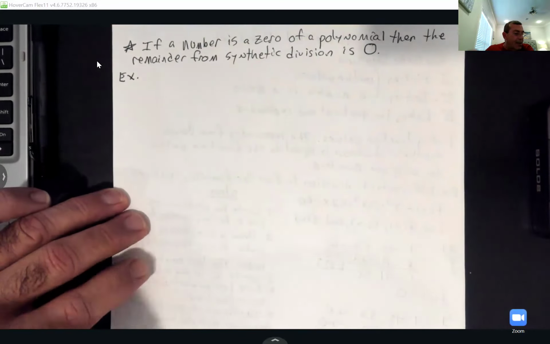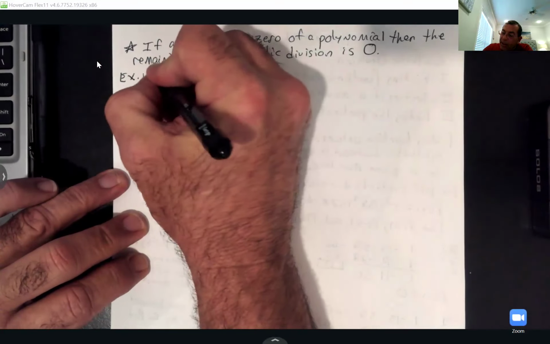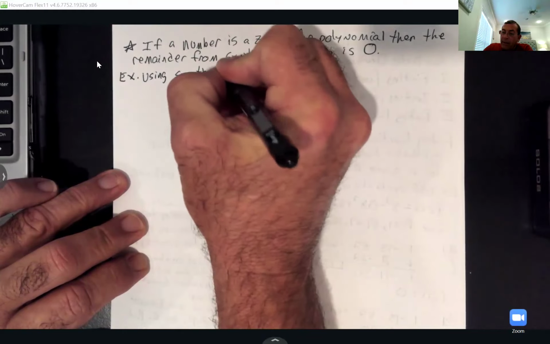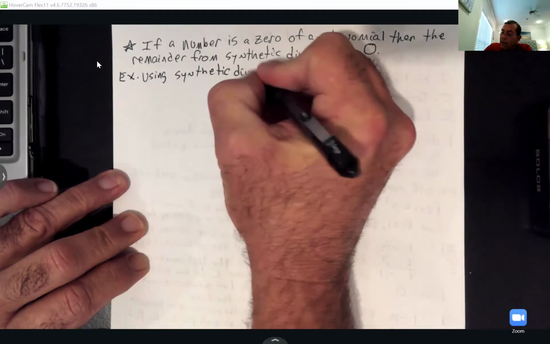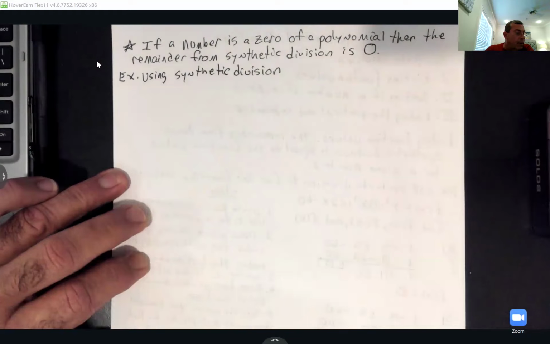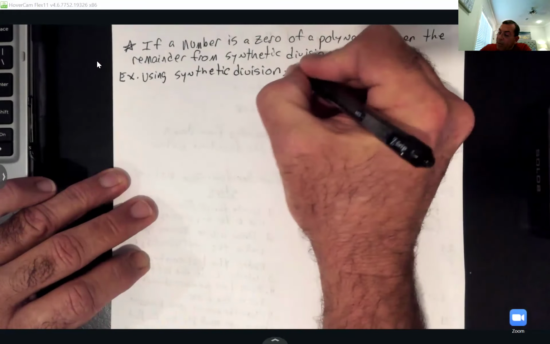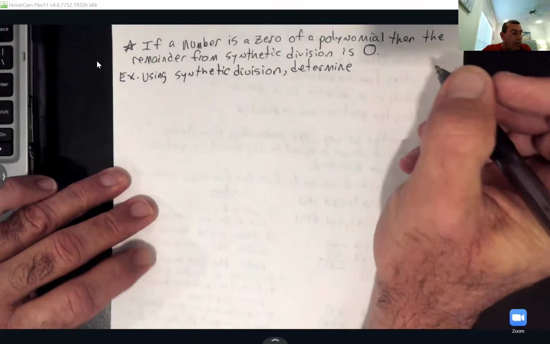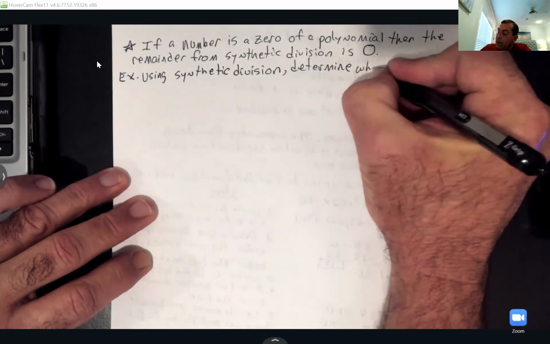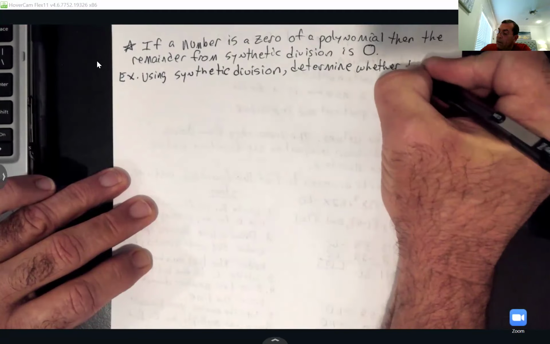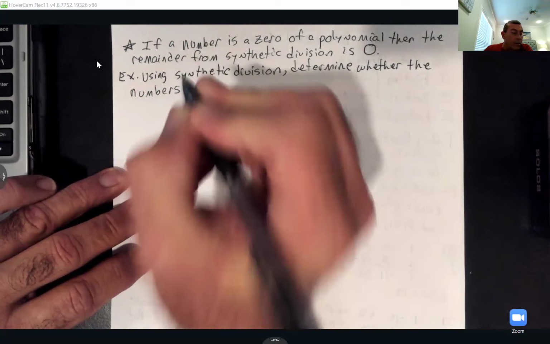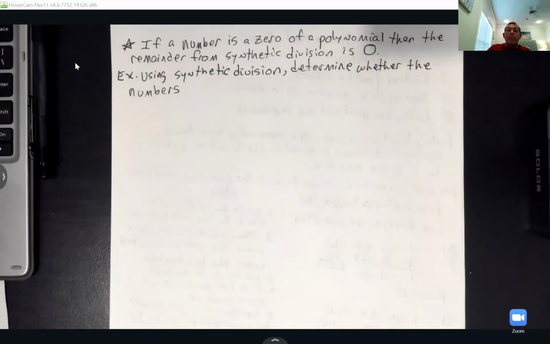So for this example, they say using synthetic division, determine whether the numbers are zeros of the polynomial.